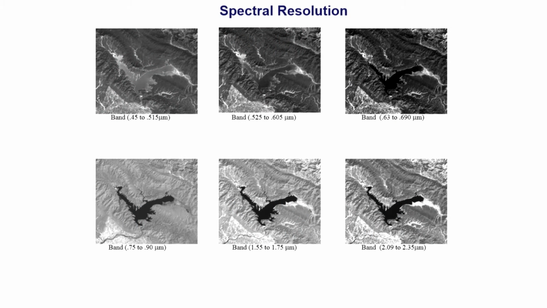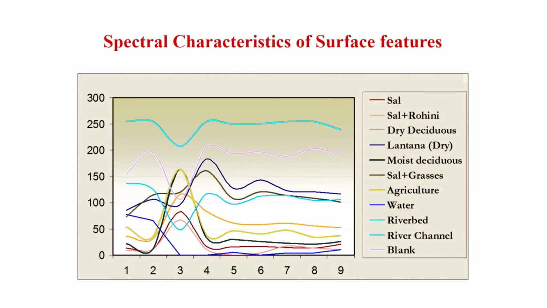Then next is the spectral resolution, which we just mentioned, that is how many wavelengths I am able to record. The larger number of bands I have, the more wavelength information I have, and the better discerning capabilities I will have.